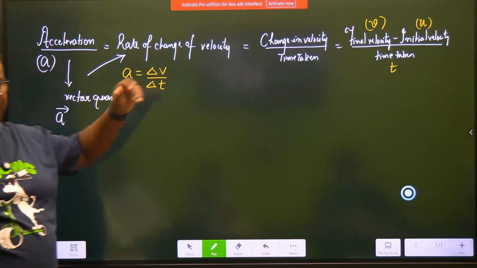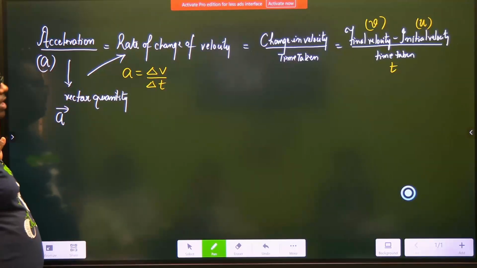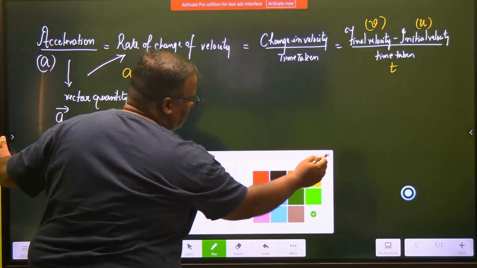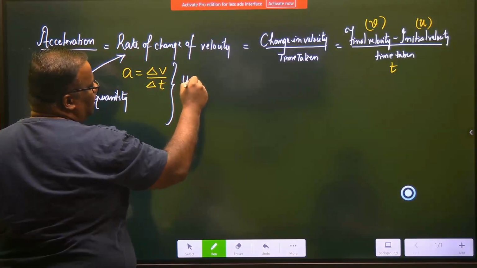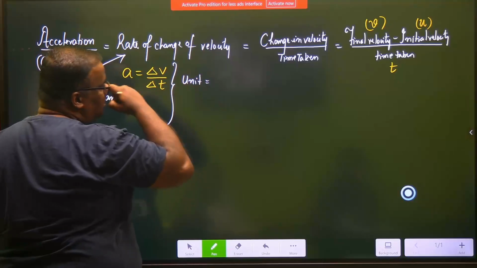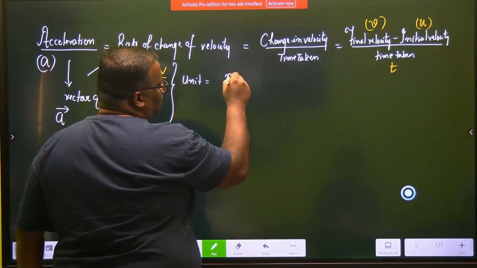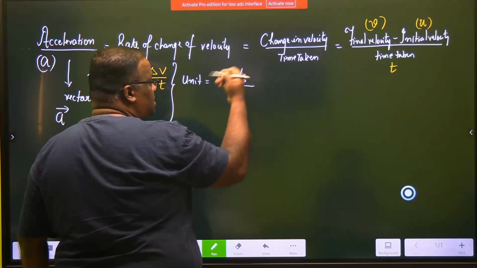Now let us understand what acceleration actually means. For that, let's first look at the unit of acceleration, and then we'll try to understand. This way you'll just mug up, you'll not get the feel of it. The unit of acceleration: it is rate of change of velocity. What is the unit of velocity? Velocity's unit is meter per second divided by time, means another second.